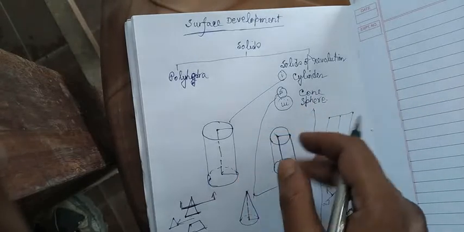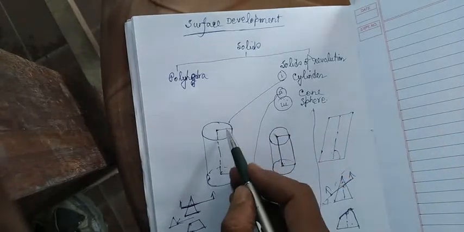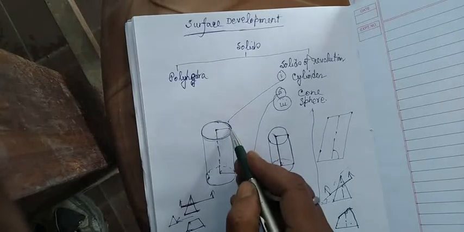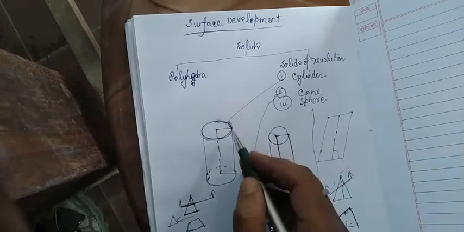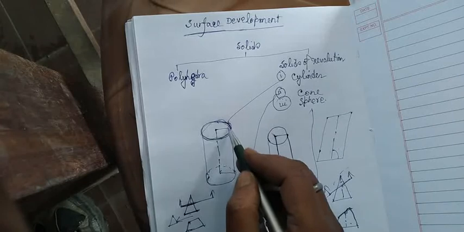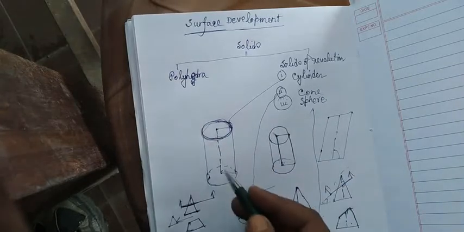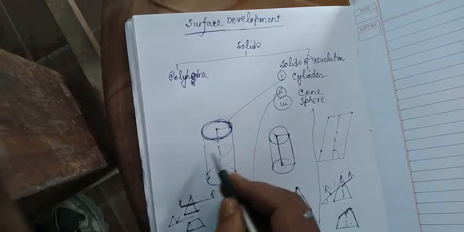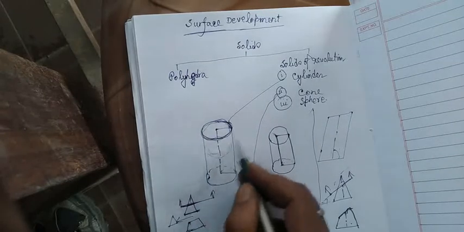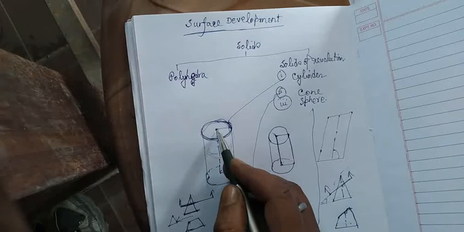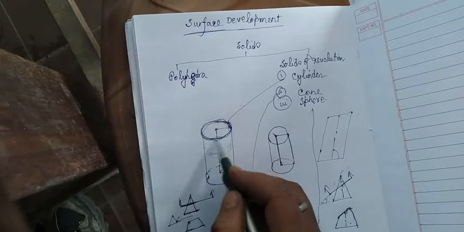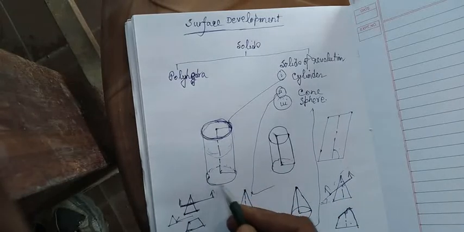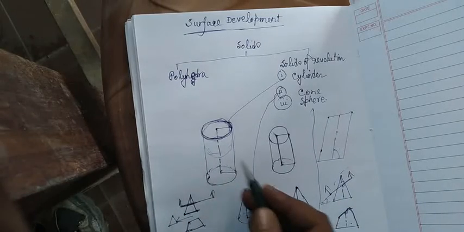Suppose any object is there. Suppose this is a cylinder. So what is the development of the surface of this cylinder? What surfaces are there? You can see a circular surface is there throughout the cylinder, and two circles at the top surface and the bottom surface, that is a cylinder.